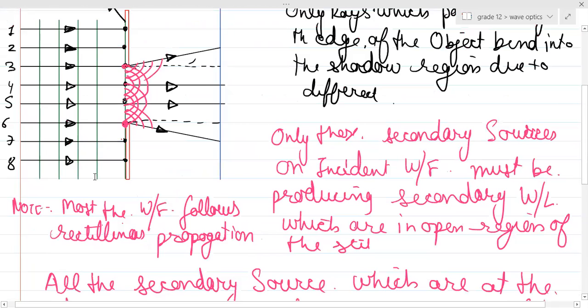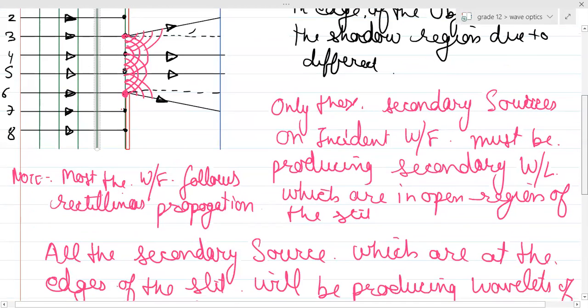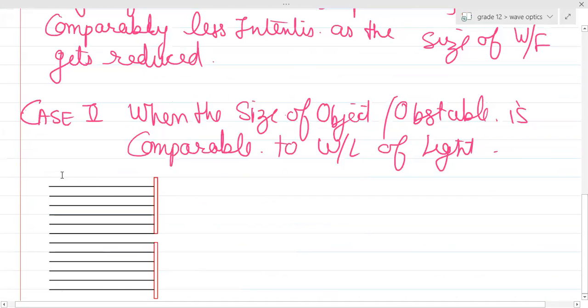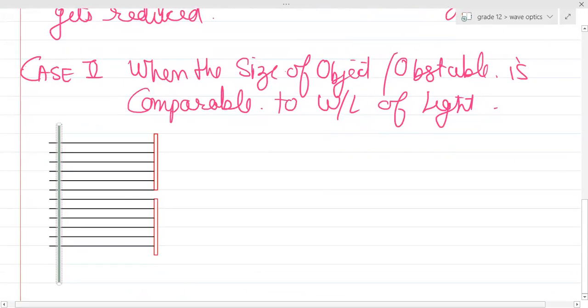Guys, you need to draw it exactly. I am trying to draw it very nicely. So everyone can see these plane wavefronts, right?